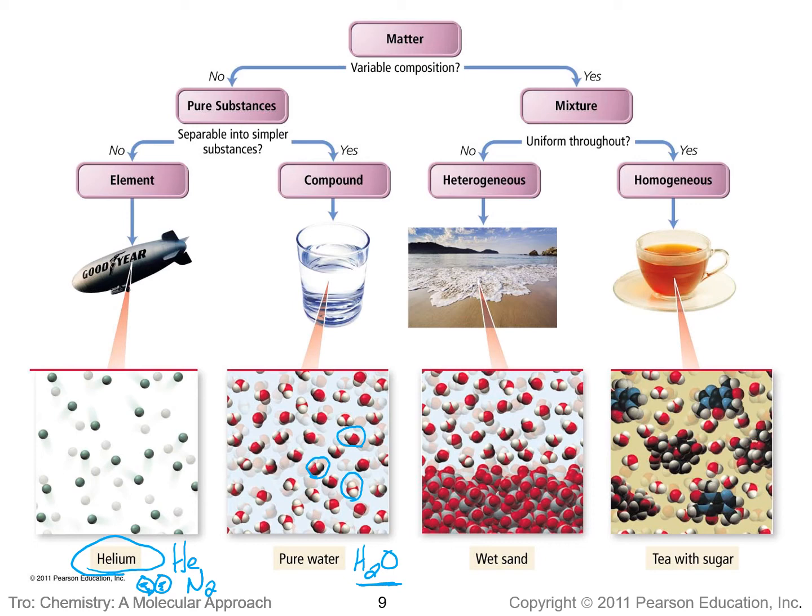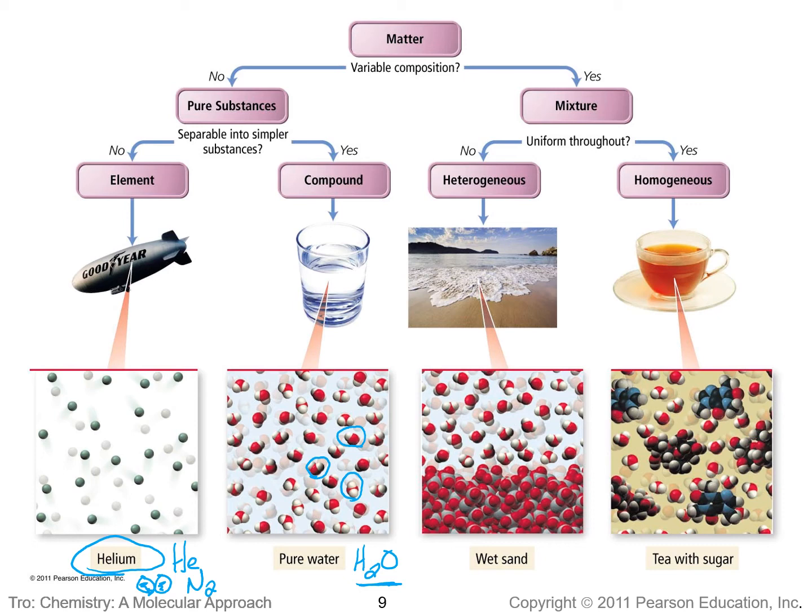Okay, let's talk a little bit more about mixtures. We can break these down, okay, into different categories. And is it uniform throughout? Okay, another way that we can think about it is, can it be separated through physical means?